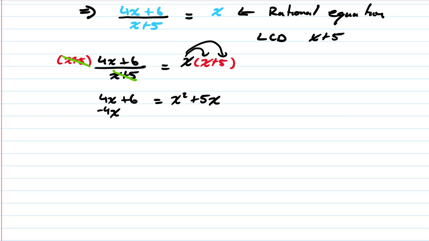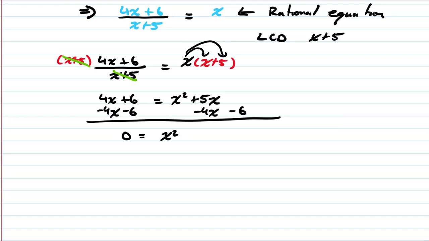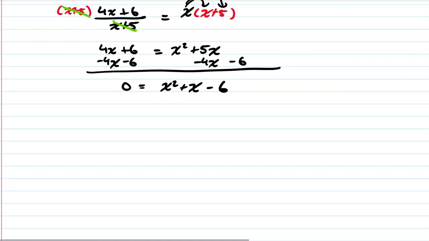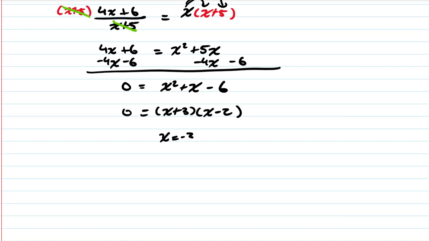And we minus 4x, minus 4x, minus 6, minus 6. And that gives 0 equals x squared plus x minus 6. So now we need factors of negative 6 that add up to positive 1, so that's x plus 3 times x minus 2. So our two possible solutions are x equals negative 3 or x equals 2.